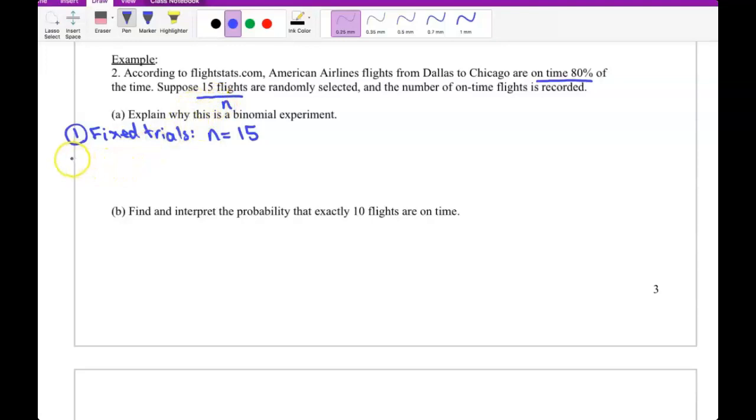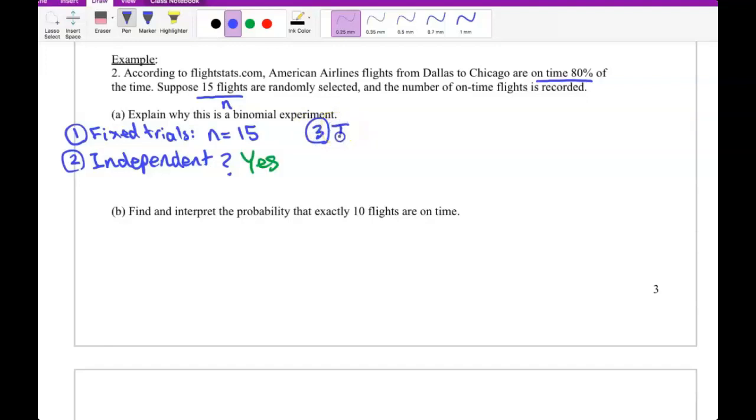And these flights are independent of each other, so we have independence. The answer for that part is yes. Then step 3, writing all the outcomes.